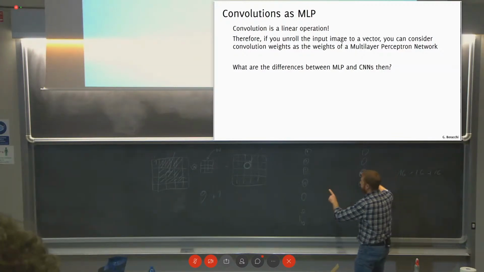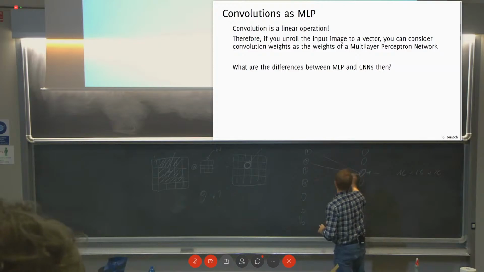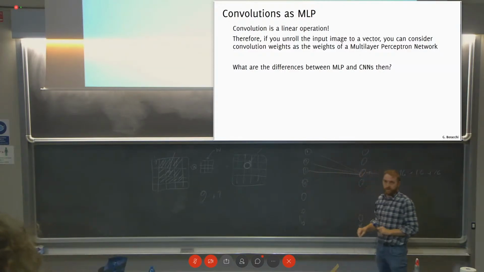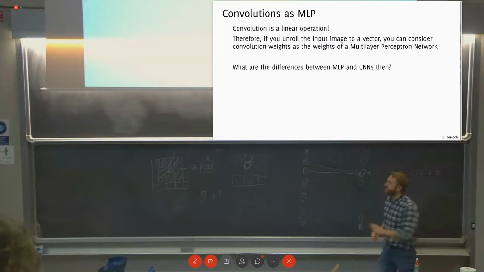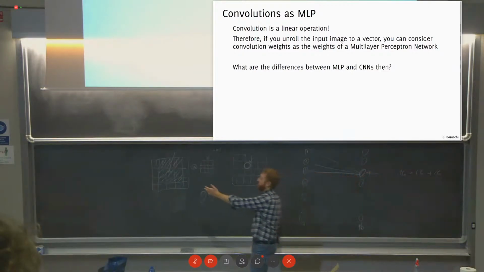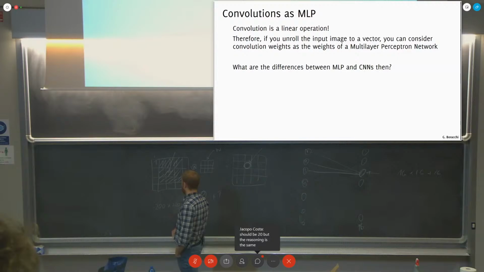Now you can see that instead of having 16, you are having only 9, right? But this is because the image was very small. So say I give you an image which is 200 by 200.